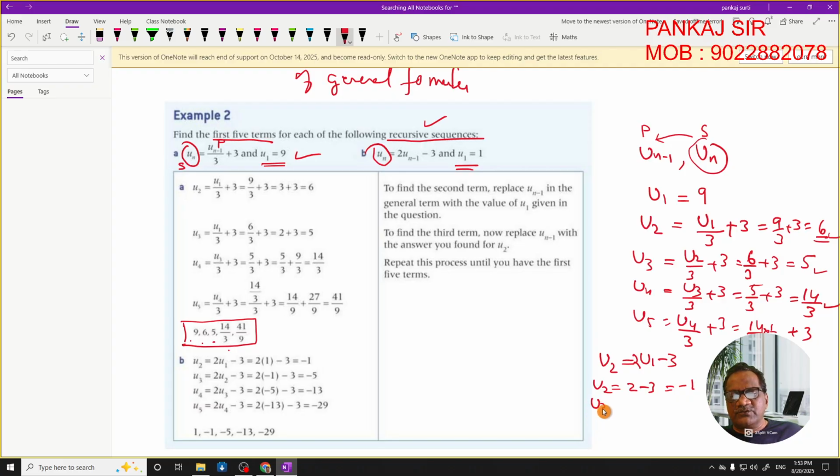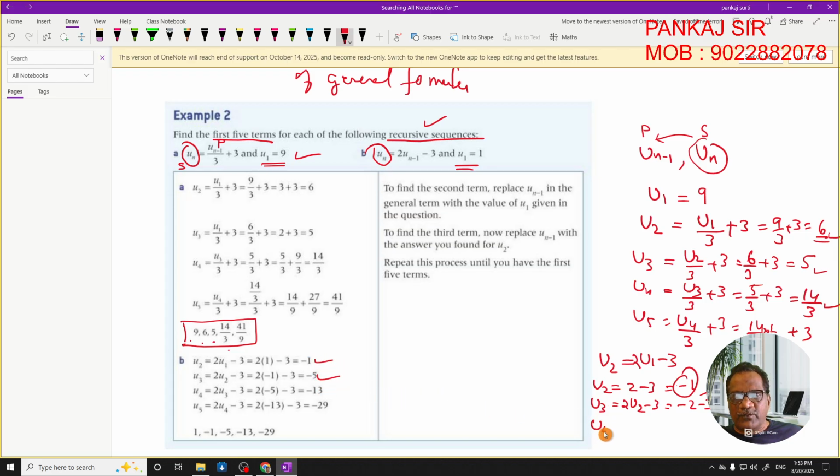u3 will be equal to 2 times u2 minus 3. Now u2 you just got minus 1, so 2 into minus 1 will be minus 2, and minus 3 will be minus 5. So you are getting the answers as minus 1, minus 5.